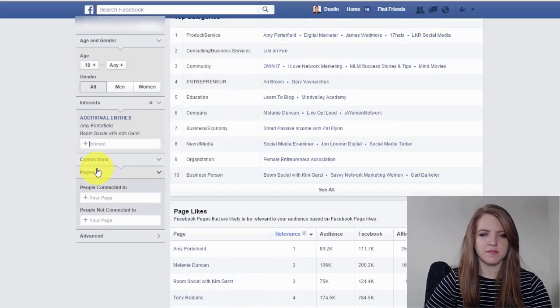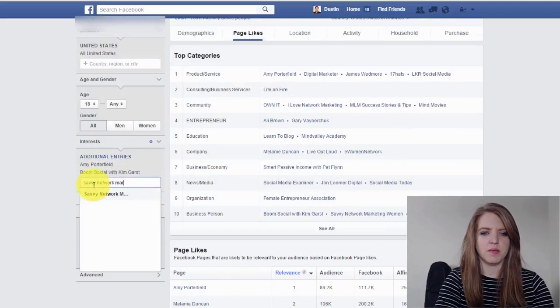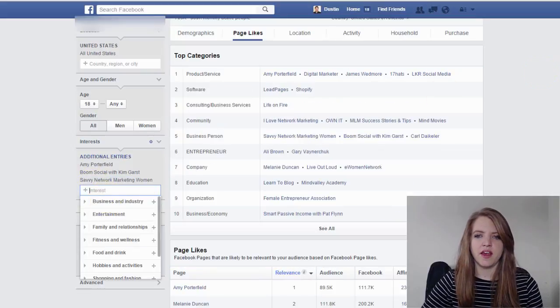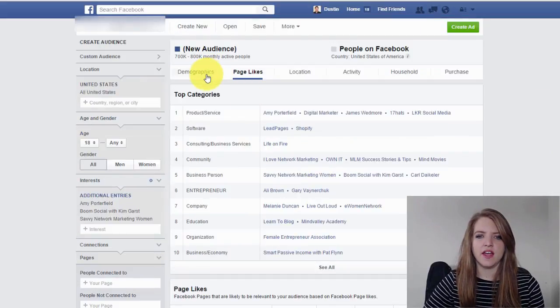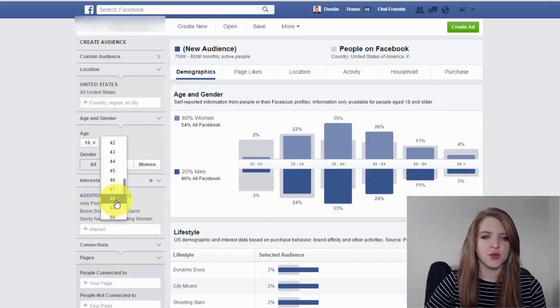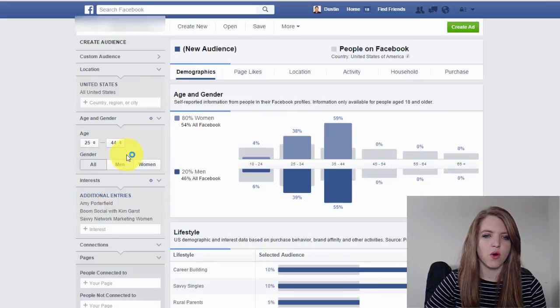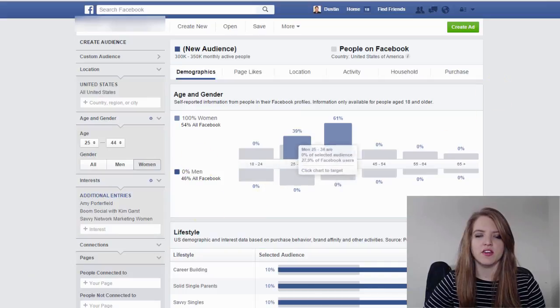Let's try the Savvy Network Marketing Women, okay? Put that one in there. And so let's say you get here and you're liking all the stats that you've gotten down to. Maybe you've changed the ages to 18 to 40, or maybe 25 to 44, and you're only targeting women, and you have it all down now to your perfect audience.